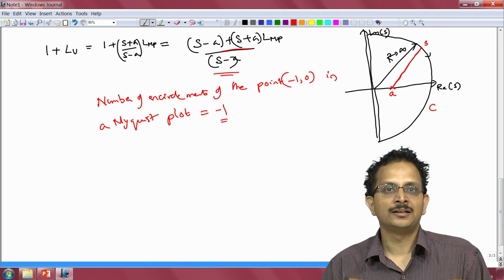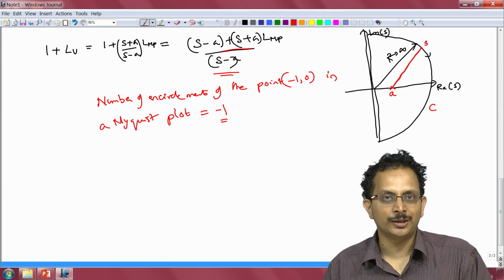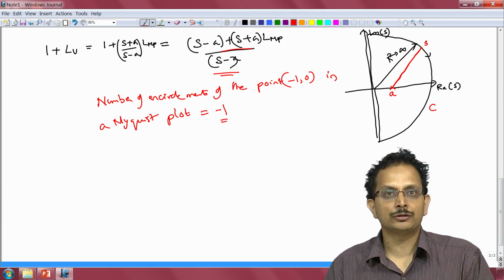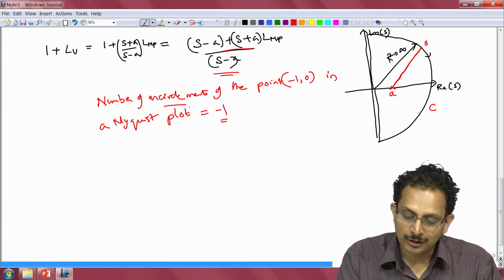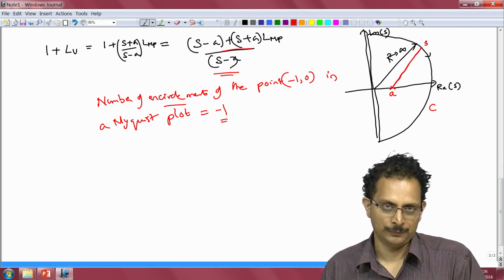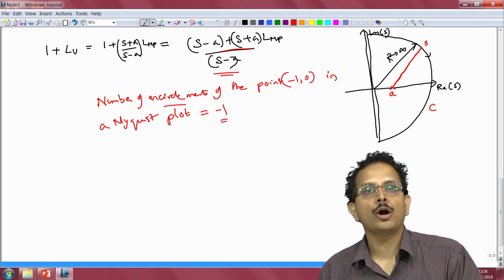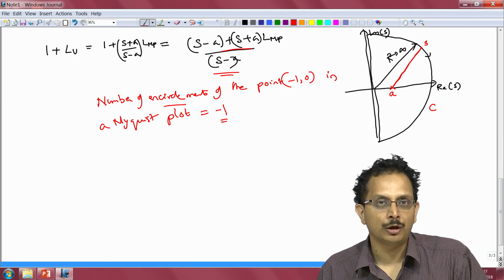Hence the correct rule that we need to apply to determine the stability of the closed loop system in the Nyquist plot of an unstable system is that the number of encirclements of the critical point should be equal to minus 1. So we should have one counterclockwise encirclement of the critical point by the Nyquist plot of the open loop system.